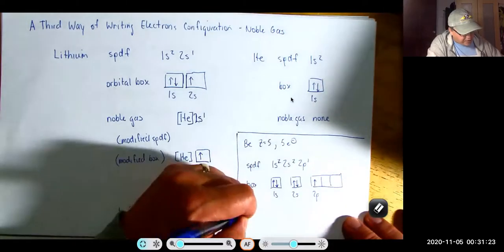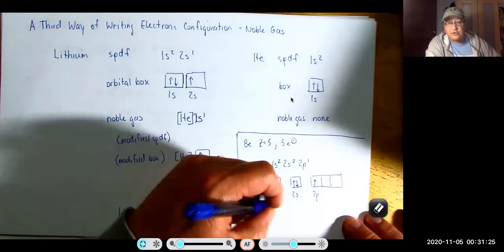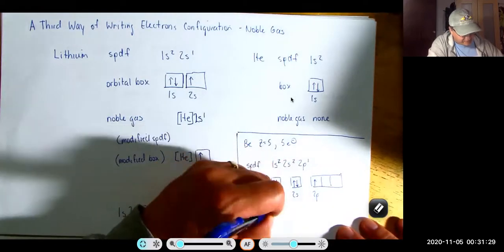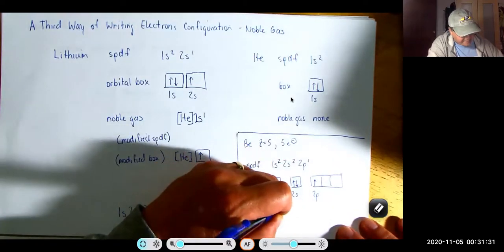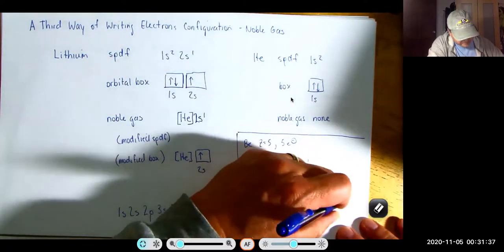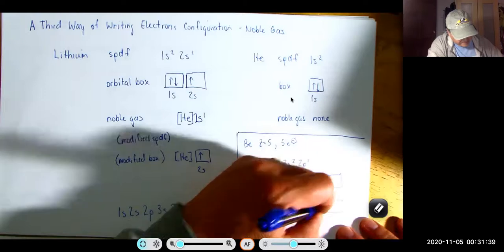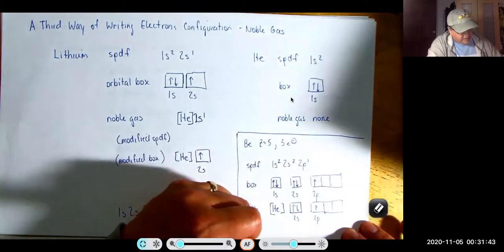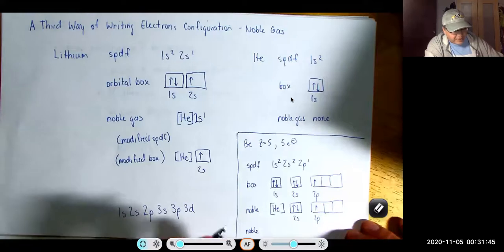So what would the noble gas notation look like if we were using the box notation? This is the same as helium. So I'd write helium for that. And then I would write this. And what would the noble gas notation look like if we were using the SPDF?